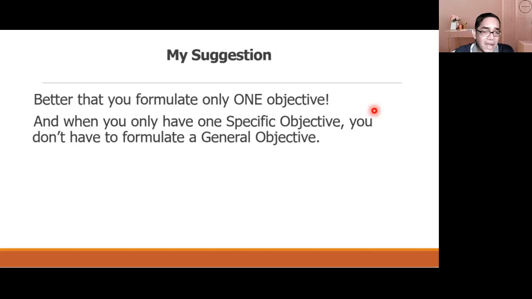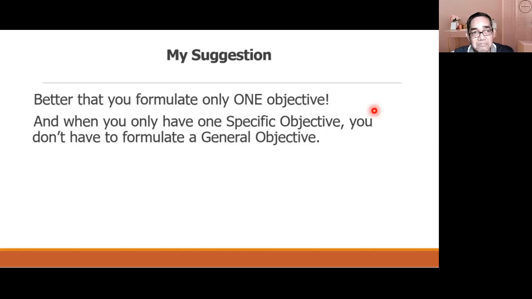They would always write one general objective and many specific objectives. But if I read the many specific objectives that they have, they really only have one specific objective. The first objective that they write is the demographic profile. That's not a valid research objective.